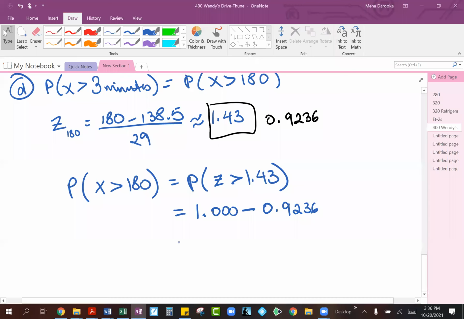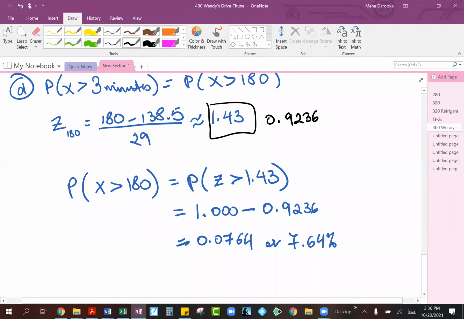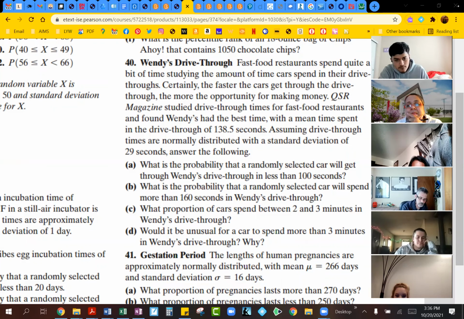Because it's 0.0764, or again, as a percentage, that would be 7.64%. So that's our probability here. So based on this probability now, can you tell me how will you answer this question? Would it be unusual for a car to spend more than 3 minutes in Wendy's drive-thru, and why?